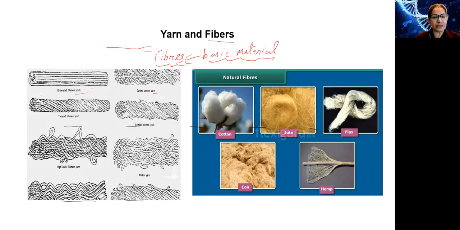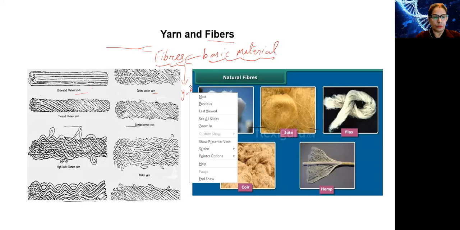Okay, fiber is the basic material. From the fiber, the yarn is made. From fiber, we go to yarn. Okay, the fiber then is converted into yarn.